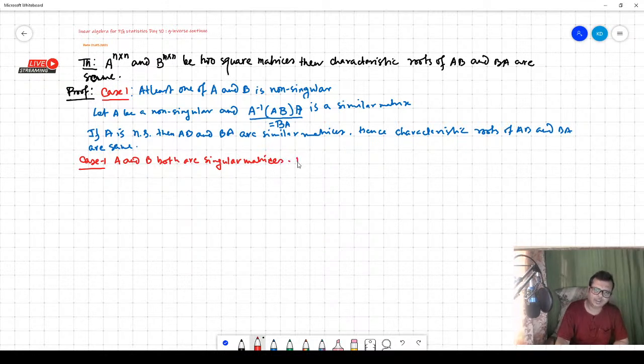Let rank of A equal to r. Then there exist P of order n cross r and Q of order r cross n, where P is a full column rank matrix.